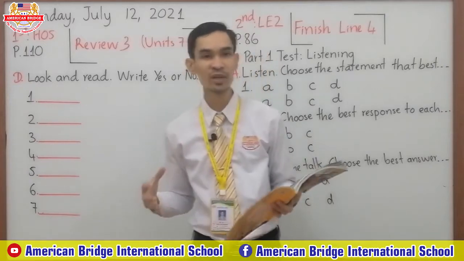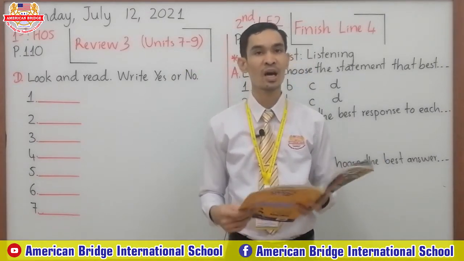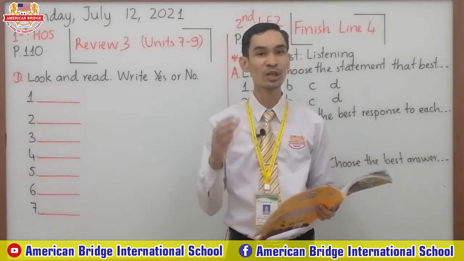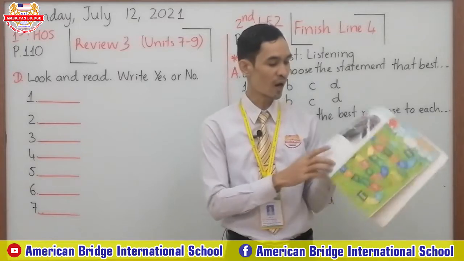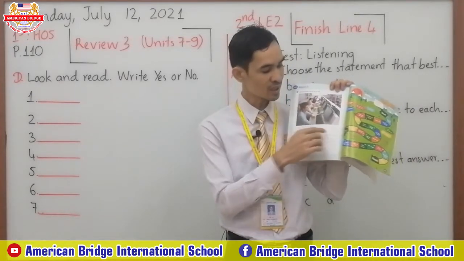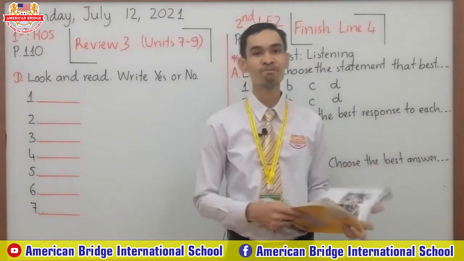Okay, so after looking at the picture and reading the 7 sentences, I give you 30 seconds to complete this exercise. Just write yes or no after the statement, okay? If you think this is yes, you write yes here. If you think this is no, you write no here, okay? And after that, I'll correct for you, okay?